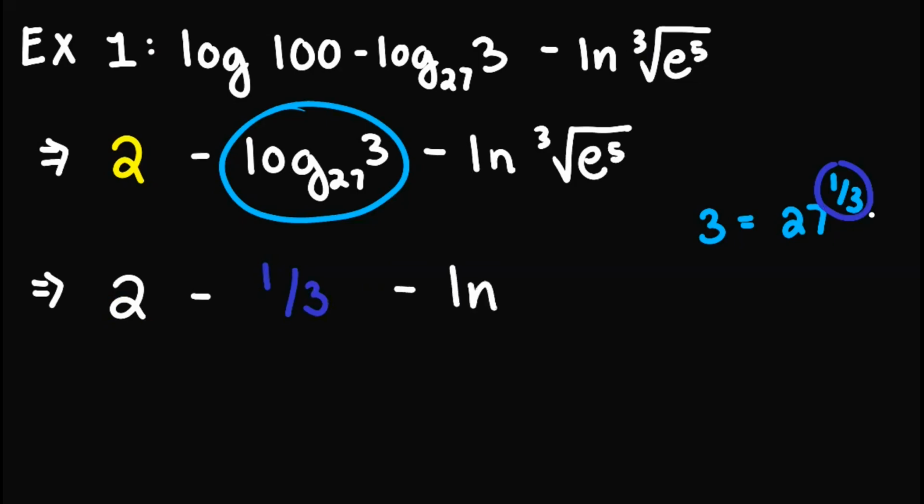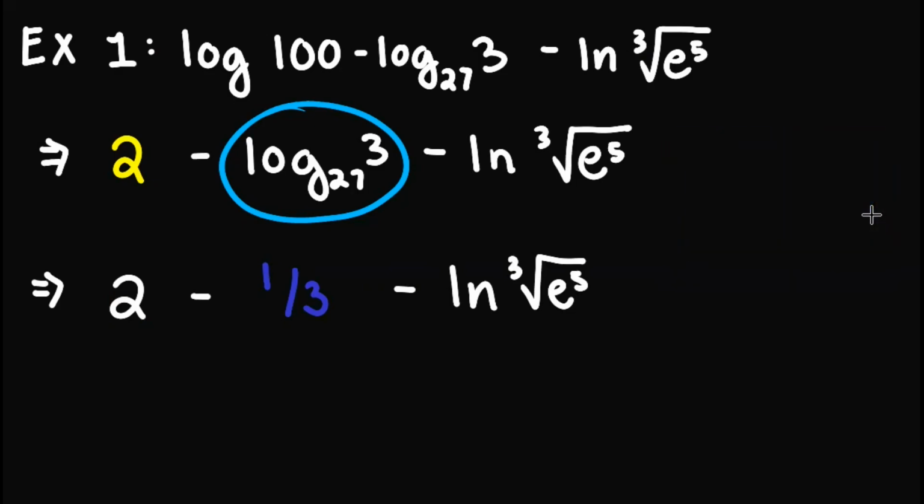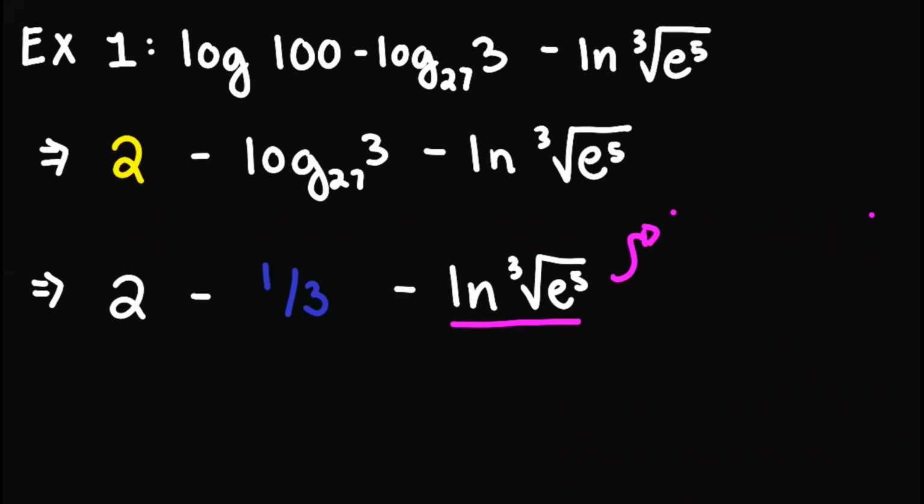minus ln of the cube root of e raised to 5. So for the last one, we need to get this one out. But note that ln is simply the logarithm with respect to base e, and the cube root of e raised to 5 can be written as e raised to 5 over 3.